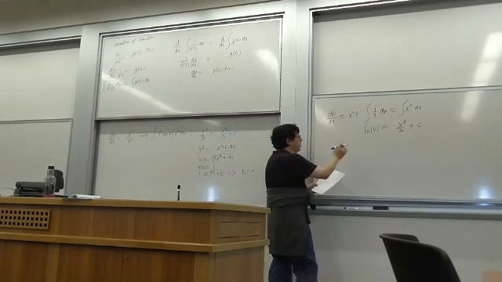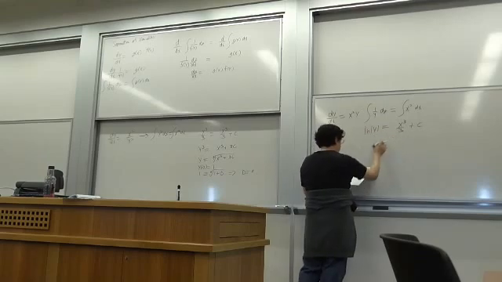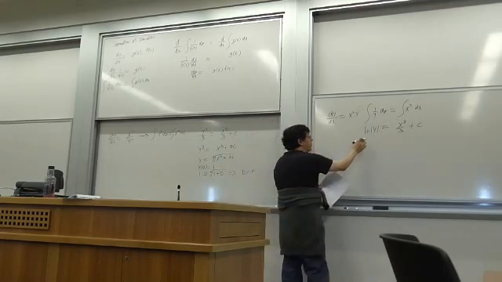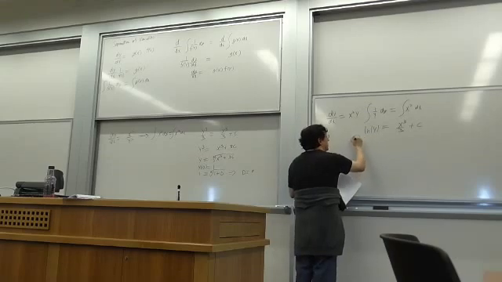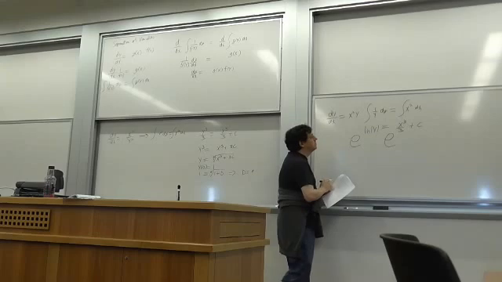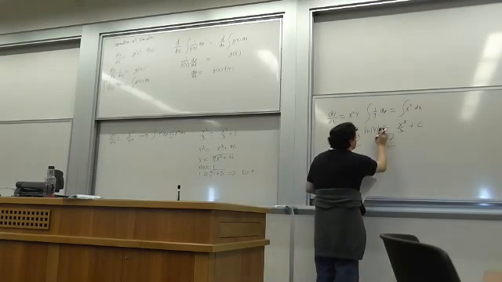And again, we want to have y in terms of x explicitly. So we're going to raise both sides of this equation to the e power. I guess I need more room here.